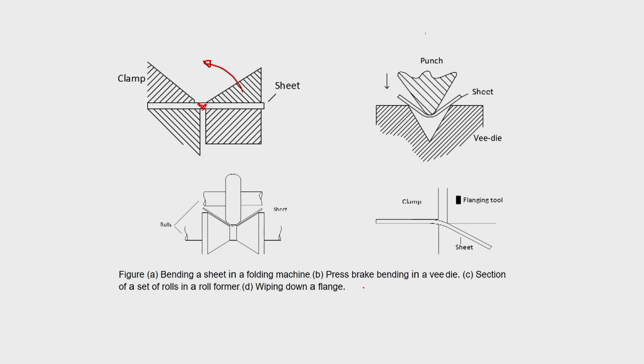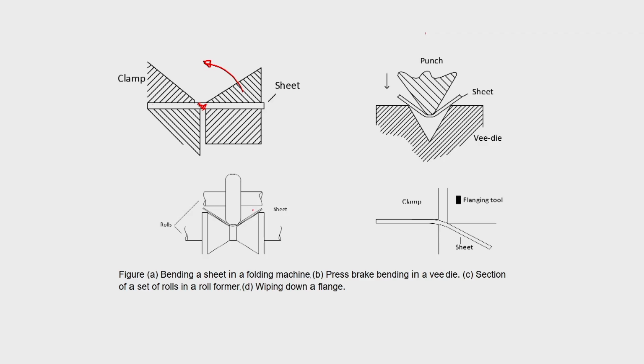You can also use a roll former. If you want a sheet which is continuously coming and you want to bend it, between two rolls you pass it, so that it will get bent, and by a series of these rolls you can get whatever shape you want.